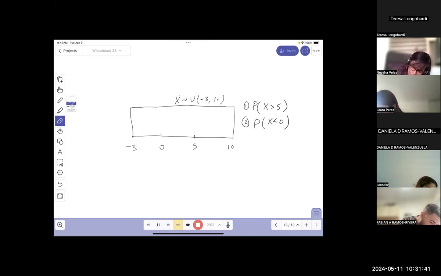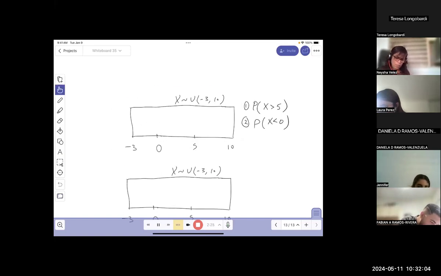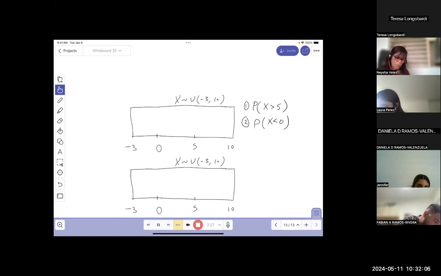I'm going to move 0 a little bit over because 3 should be smaller. So the drawing for x greater than 5, I'm going to do 2 different drawings that way. That's the first one.